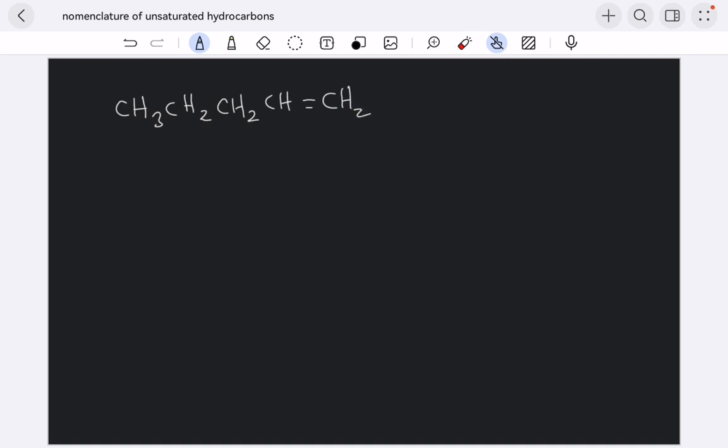So it's very important for us to identify the position of the double bond, which basically means that our counting should start from the carbon that is closer to the double bond.